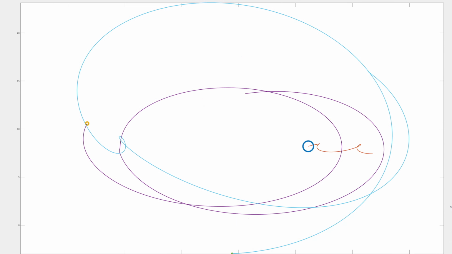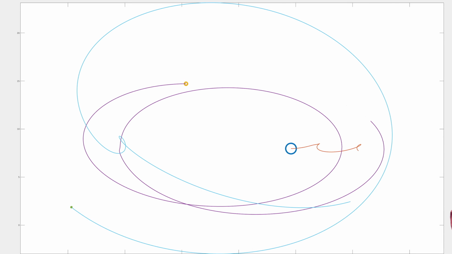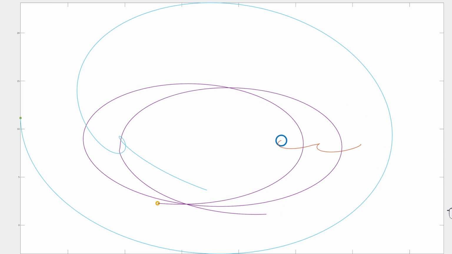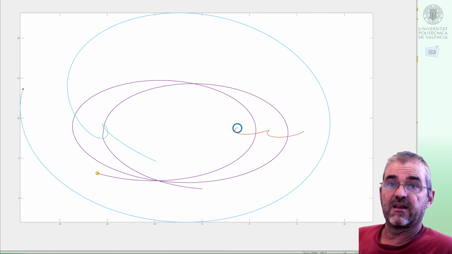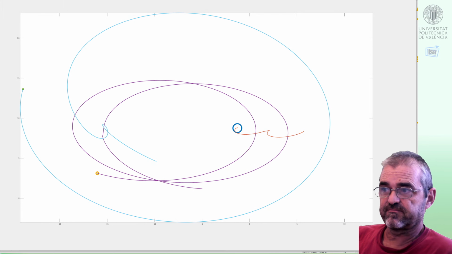But in principle, with 3 or more bodies, the final configuration and shape of these orbits is kind of unpredictable, chaotic, in the sense that a very small change in the initial condition of a multi-body gravity simulation can lead to very different shapes and final states in the simulation.